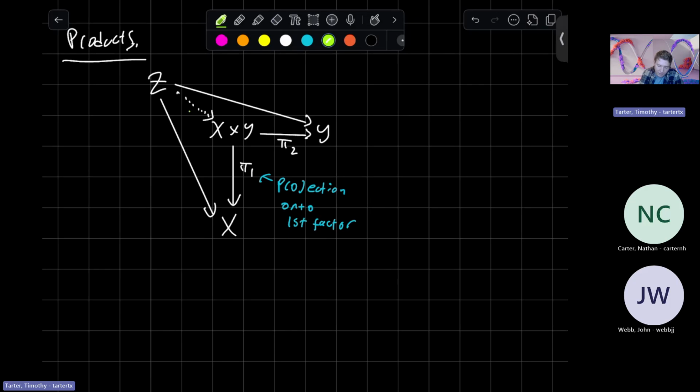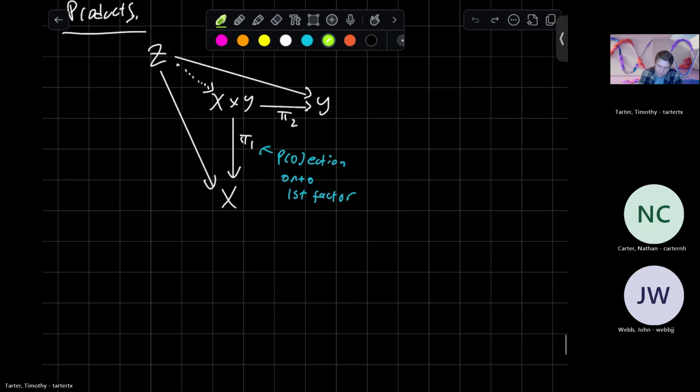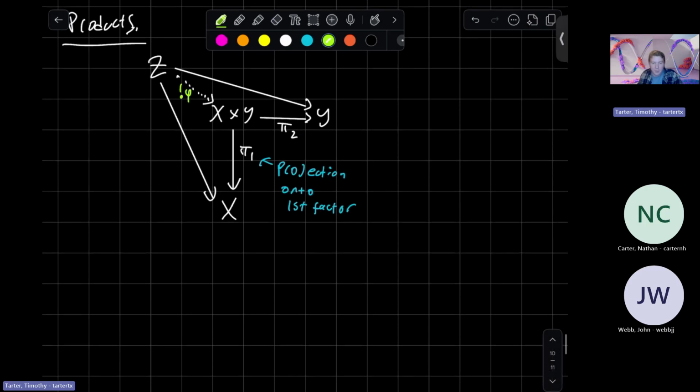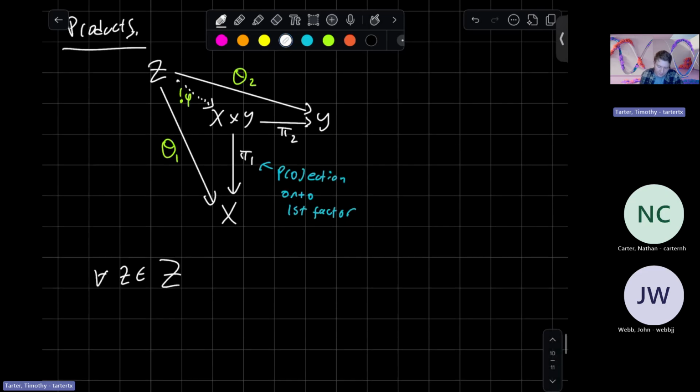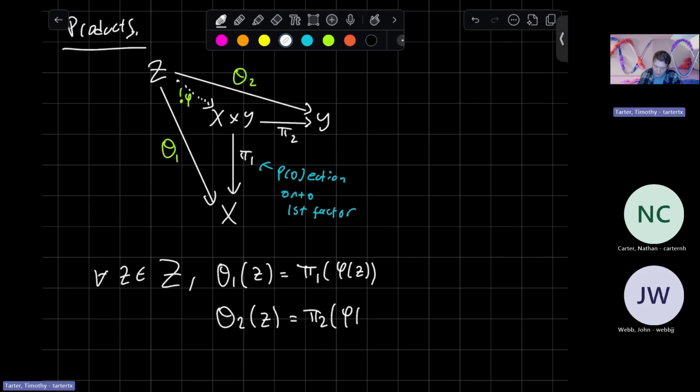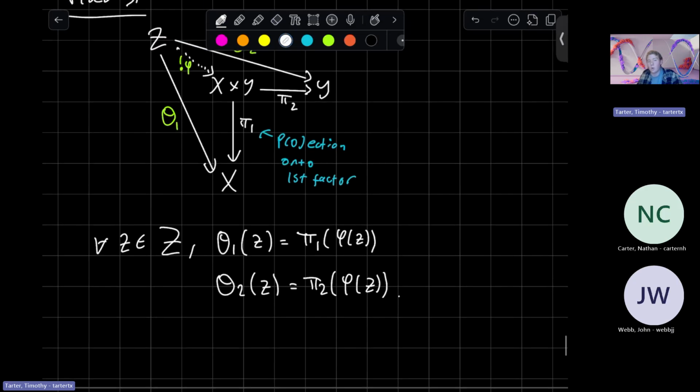So if phi is the map from z to x product y, and these maps are theta 1 and theta 2, then for any z in big Z, theta 1 of z is equal to pi 1 of phi of z, and theta 2 of z is equal to pi 2 of phi of z, and this is always true in any category.